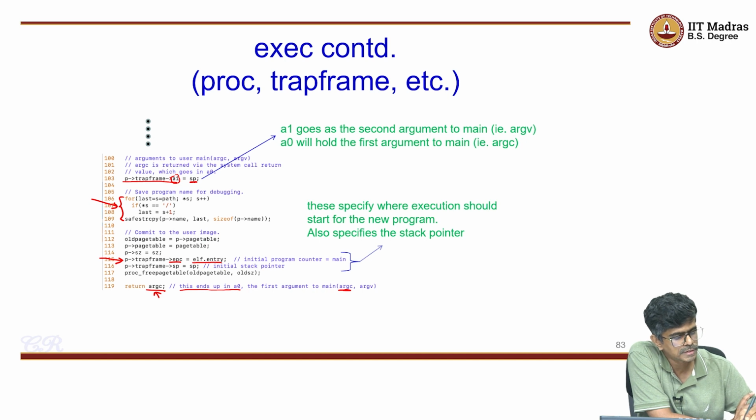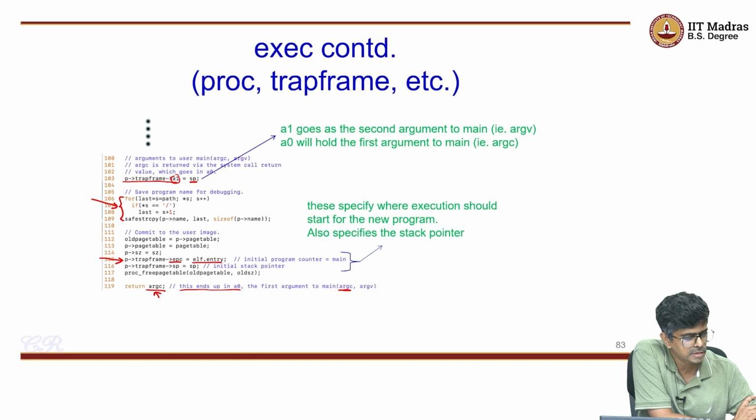So the name should be essentially set appropriately. So the name of the child process now gets changed from shell or bash shell, for instance, to /bin/ls or whatever. Similarly, other things like the working directory, the size, the other aspects of the proc structure should be essentially set appropriately.